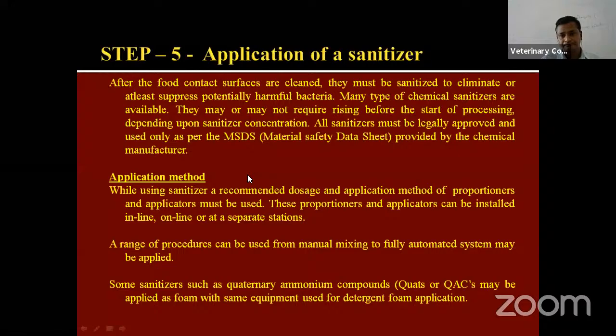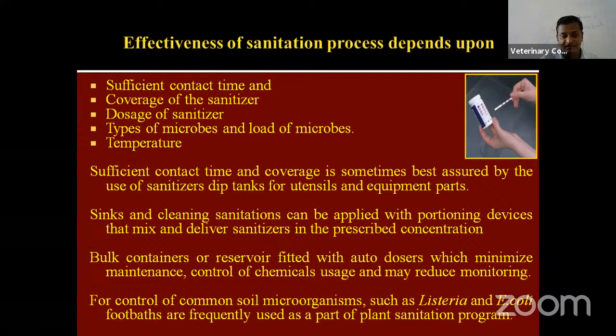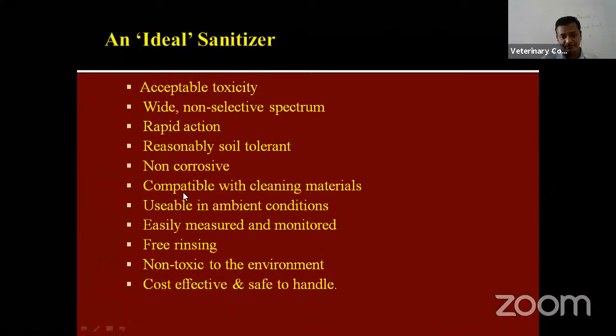Okay. And how to ensure that the surface has been properly sanitized? We ensure by using certain chemical or certain automated testing systems. Okay, what are those? We'll discuss a little later. But the sanitizer, if it has to bring about its action, should have all these ideal properties that we discussed earlier.